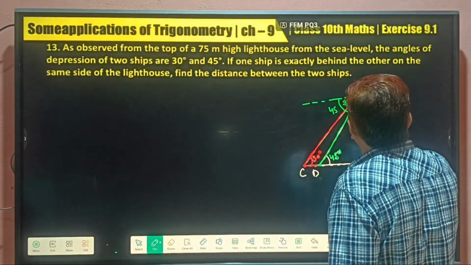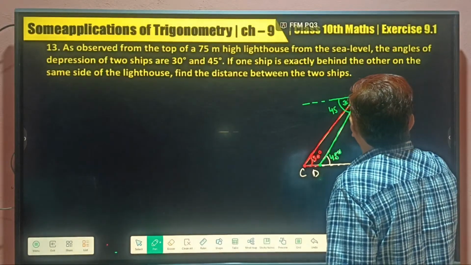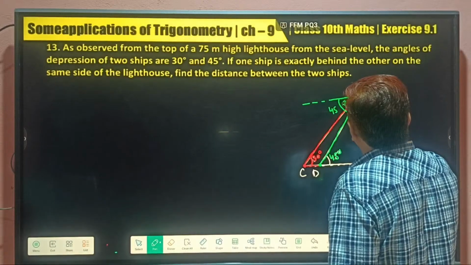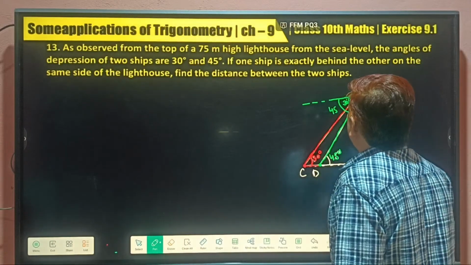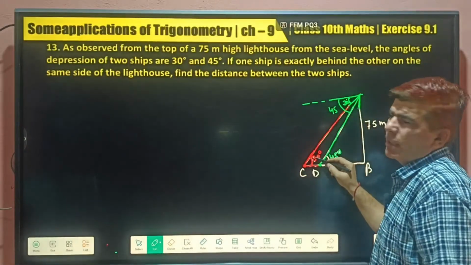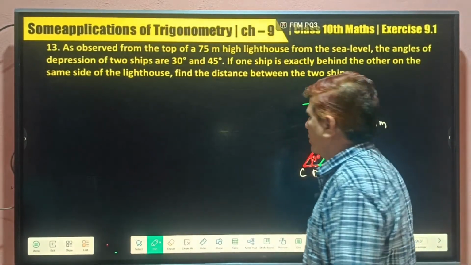So this is the top. This angle is 30 degrees. So this equals this, because alternate angles between two parallel lines are equal, 45 equals 45 degrees.